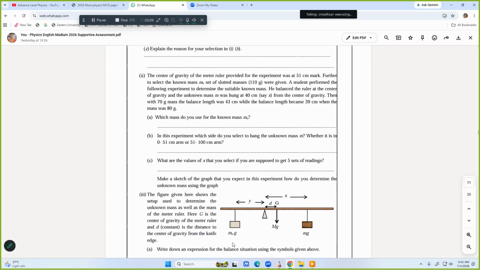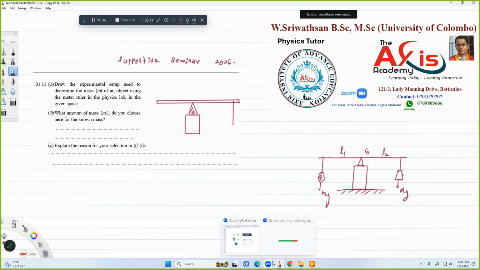Mg, this is the unknown Mg. And the known weight, we can hang it on the other side.